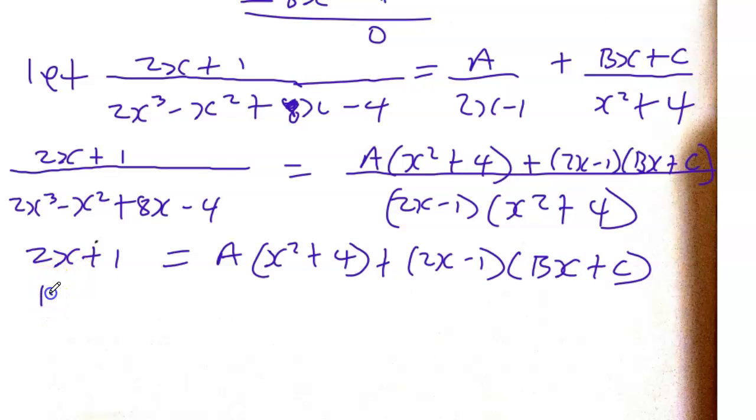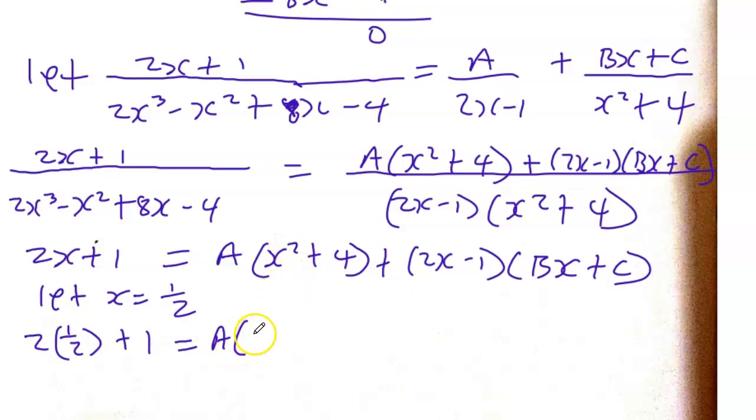Now we can let x be equal to a half. If x is equal to a half, on the left hand side we end up with 2 times a half plus 1, equal to A times half squared, that's a quarter, plus 4. Let's solve for A now.